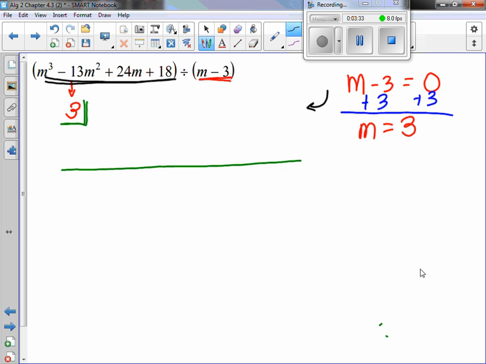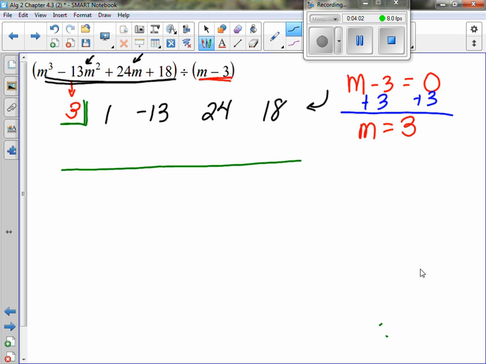Well, what's the number in front of m cubed? 1. What's the next number? Negative 13, because that's the number in front of m squared. The third number is, and the last number is, okay. Any questions on this so far? We good with this here?